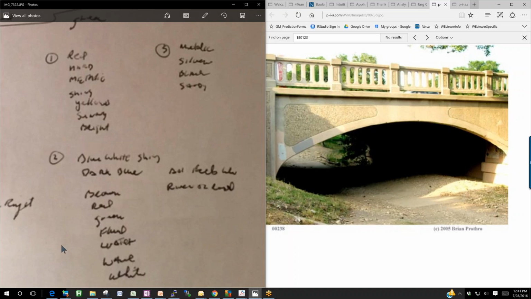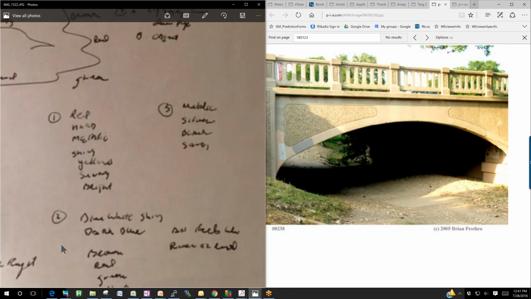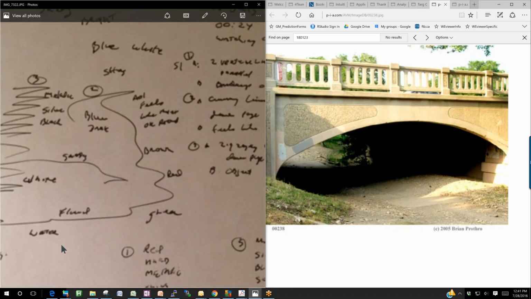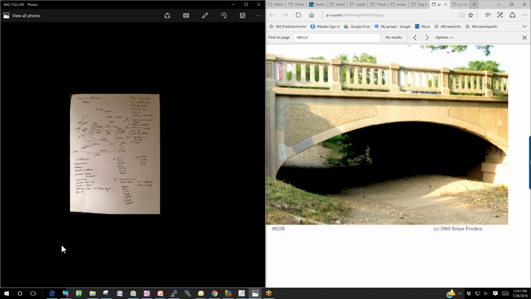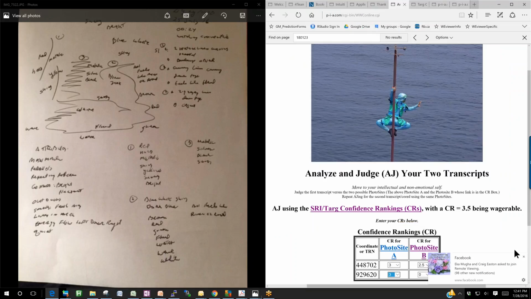Fluid, water, no. Wave, no. Silver, black. Okay, so when I go back now to the analysis, I am going to maybe give this another 3.